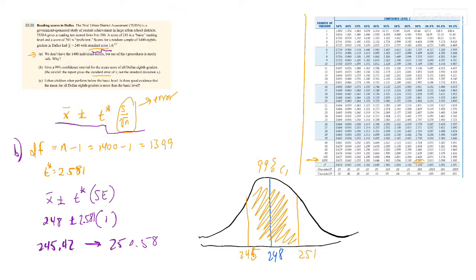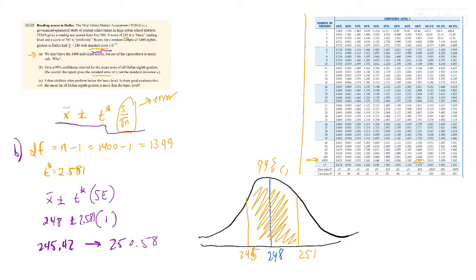Now in part C, they're saying, well, urban children often perform below the basic level, and they're asking, is there good evidence that the mean for all Dallas 8th graders is more than the basic level? We know from the above section that the basic level is 243.